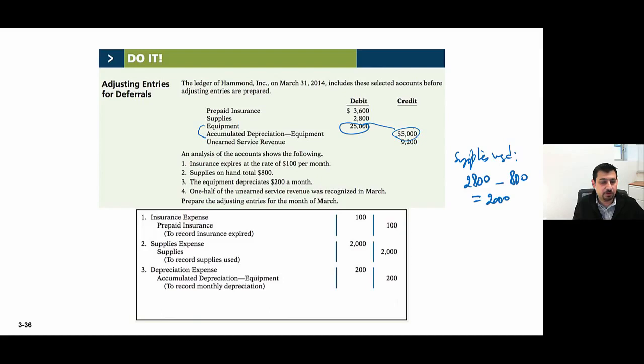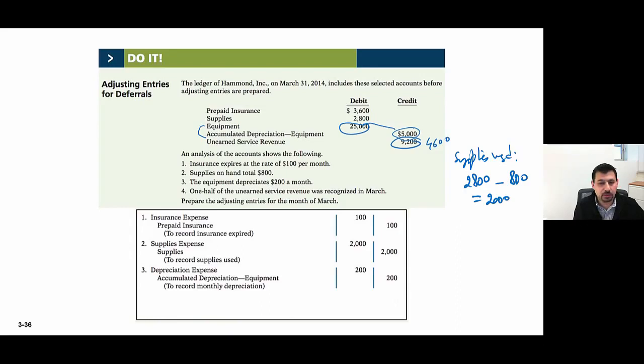The fourth item would be that 1/2 of the unearned service revenue was recognized in March. So what happens here? This unearned service revenue, the company earned half of it. Half of it is 4,600.